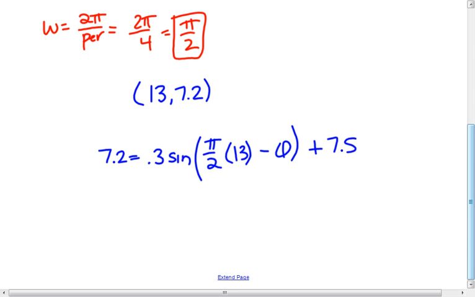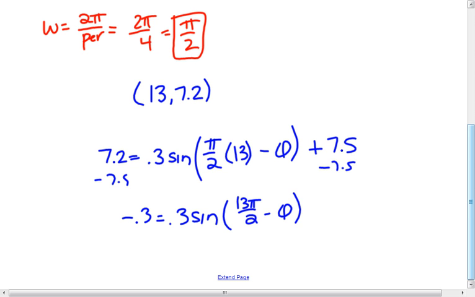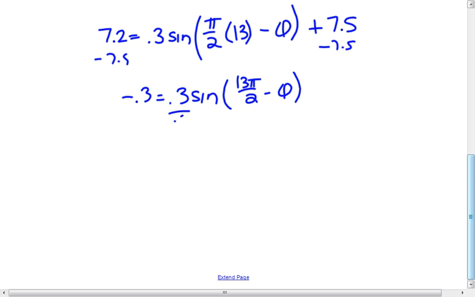So again, I'll subtract 7.5. And I get negative 0.3 equals positive 0.3 sine pi over 2 times 13 will be 13 pi over 2. Divide by 0.3, negative 1 equals sine at 13 pi over 2 minus phi, like that.